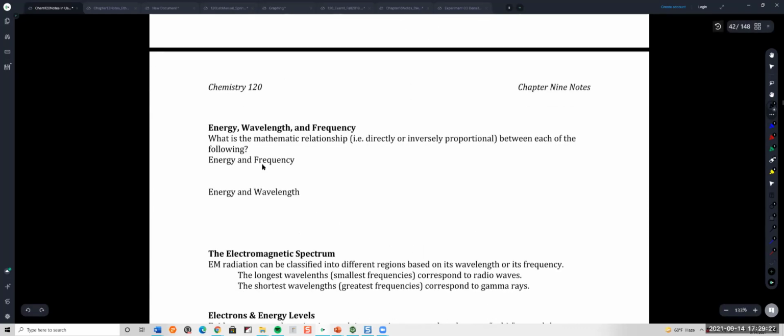So then what did we say the relationship was between energy and frequency? Are they directly or inversely proportional? They are directly proportional. If one increases, the other increases as well.